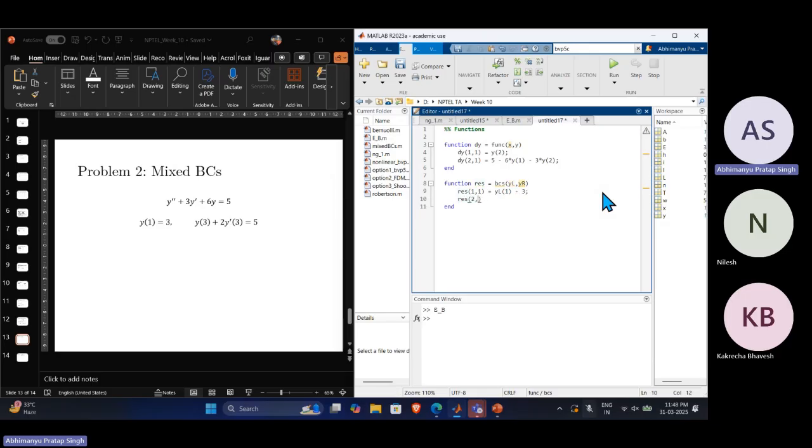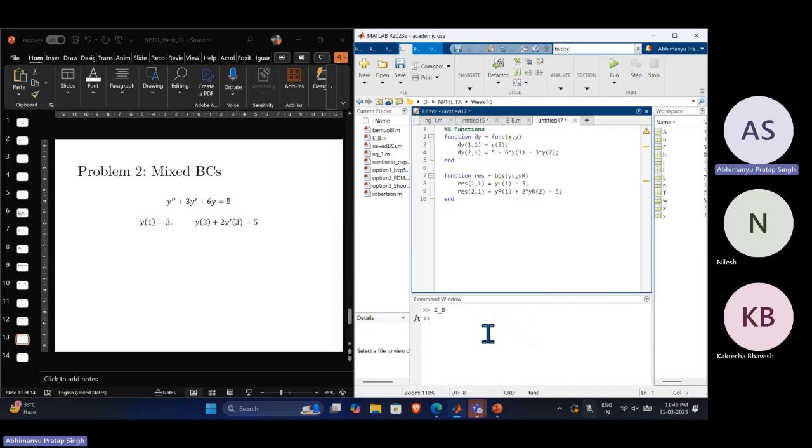And on the other end, we have a mixed condition, so we need to use both YR1 and YR2, both the terms. The first one is 1 plus 2 multiplied by YR2 and then minus 5. Okay, is this clear? So we got the two functions that we need for bvp5c.